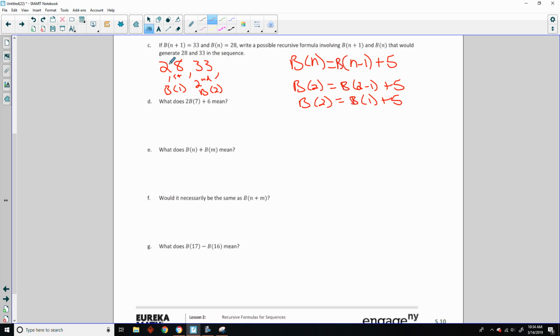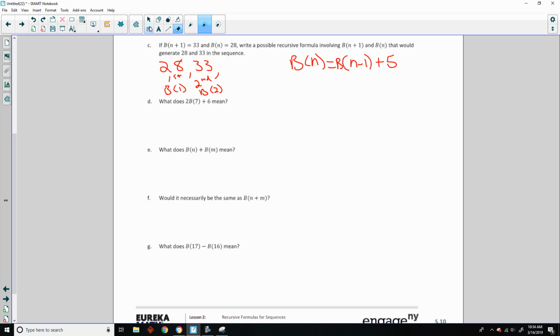Well, b of 1 is 28, so b of 2 would equal 28 plus 5, and thus b of 2 equals 33. So this is the formula.